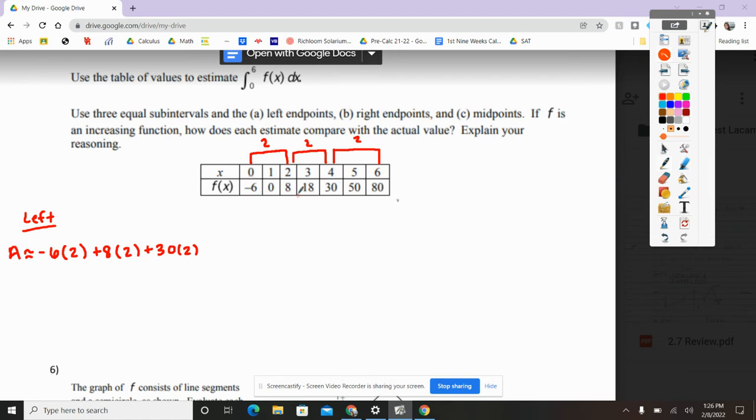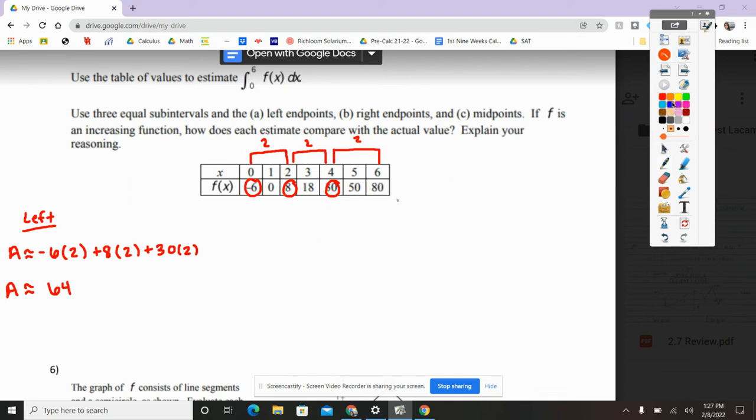And we got those because these are all the left values from our table. So here, here, and here. You could leave it like this, but if you did need to simplify it, you'd get the area is approximately 64. No units are given here, so we can just leave it as 64.